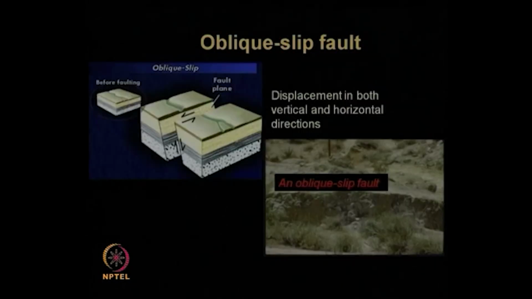We have also seen another type of fault, which is a combination of two, like oblique slip fault, where we can have both vertical movement as well as horizontal movement between the two blocks.